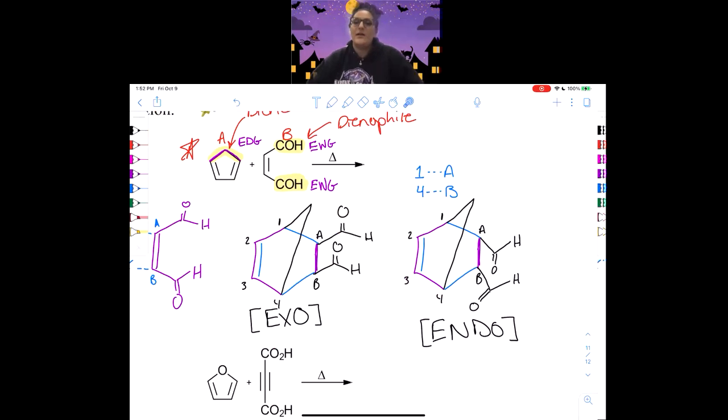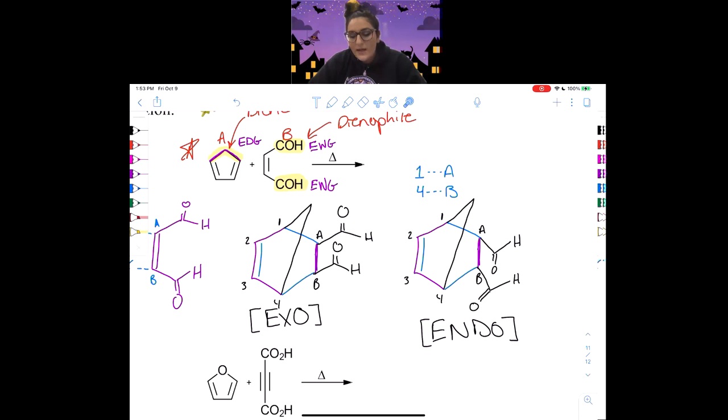So, 2 reasons why one is preferred. So this pointing up here causes steric hindrance. So that's one thing we don't like. But also, when these double bonds point down, we actually get something called, you don't have to know this, but it's called pi stacking or a really great hyperconjugation.